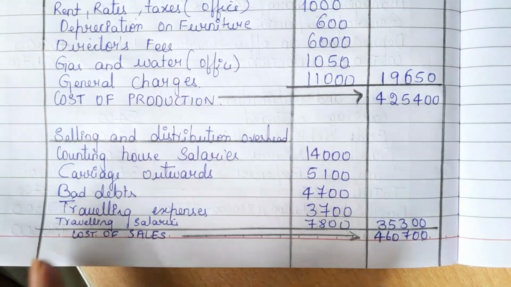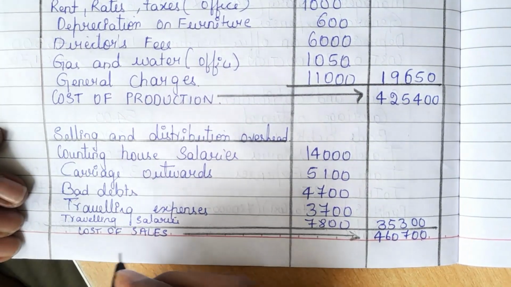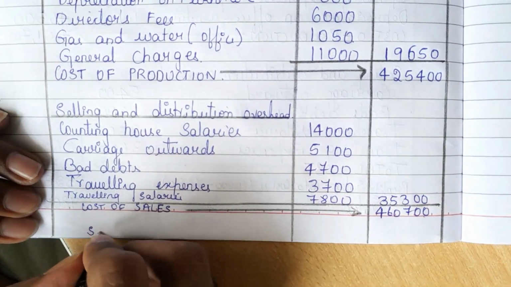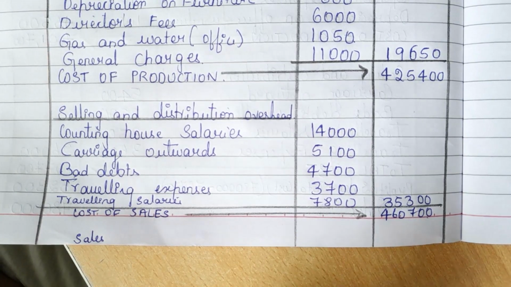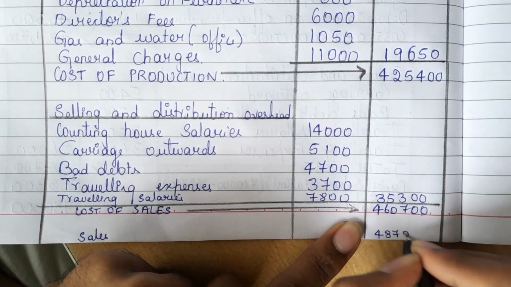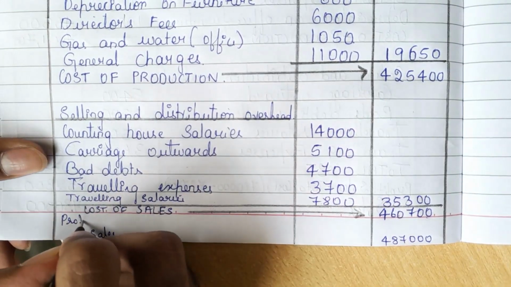Now I am adjusting it on a single page because it will be easy for you to understand, so don't get confused. Next we have sales value. What is the value of sales? The value of sales is rupees 4,87,000. Now we need to find out the profit.